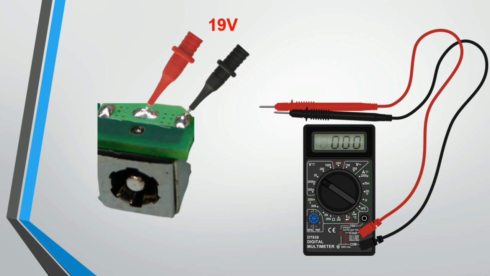If you find a voltage between these two terminals, that means the power jack is in good state, so the problem is not with the power jack. We should go and check another item.